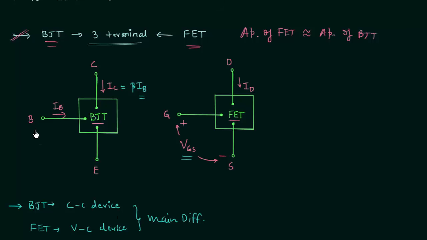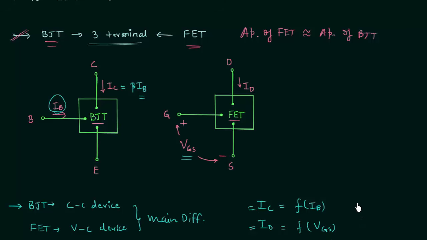Current IC is the function of input current IB. On the other hand, in case of FET, current ID is the function of voltage VGS. And you can see in both the cases, the output currents are the functions of input parameters.